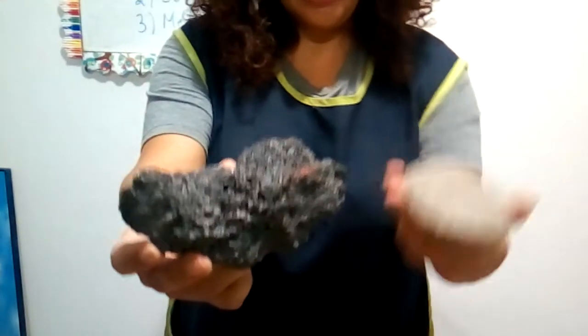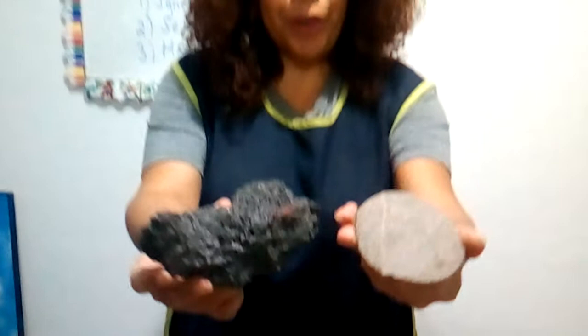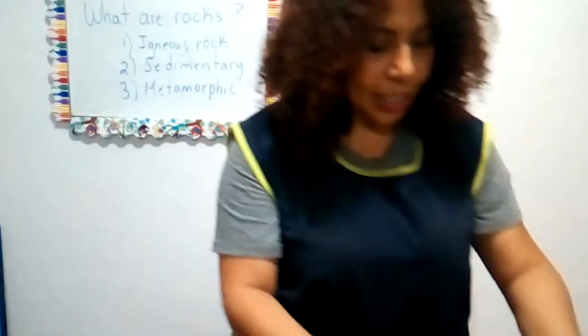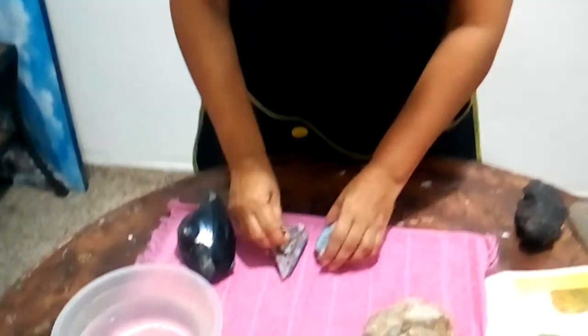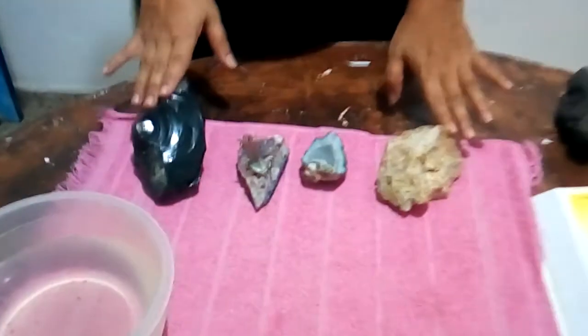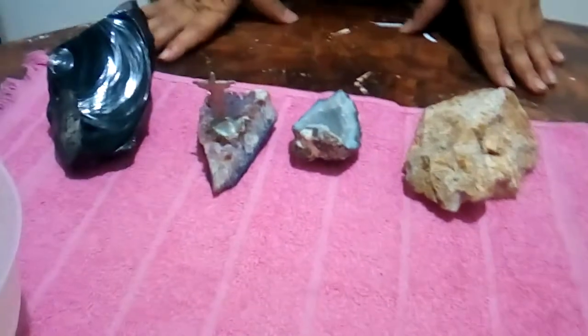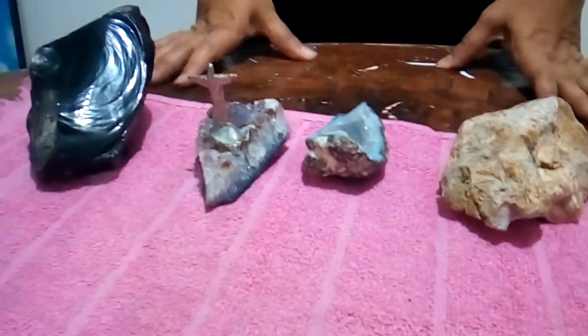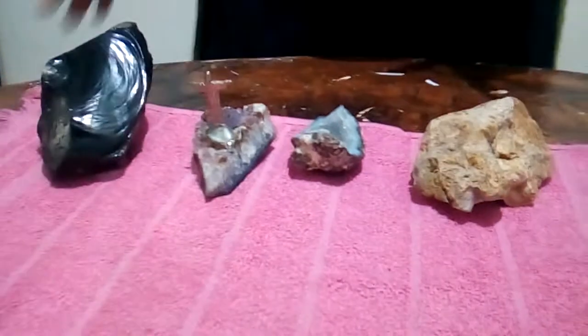Volcanic and a rock from a river. Now, I will place this aside, but I have these rocks here. I have 4 rocks here. I want you to tell me the names of three of the rocks that I have. Let me present you this rock.